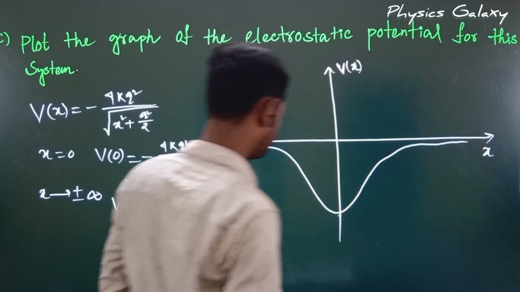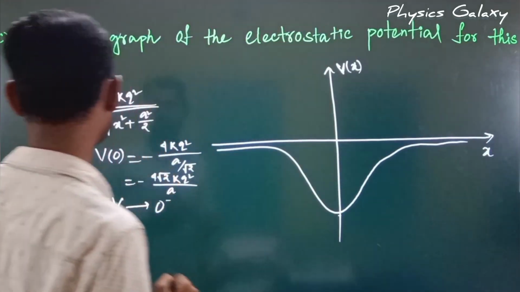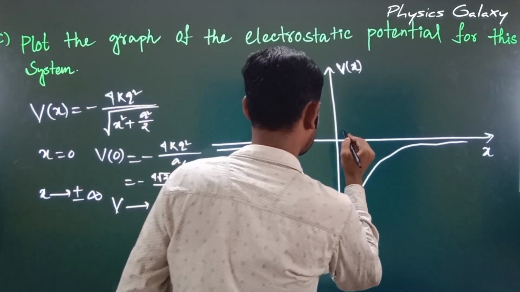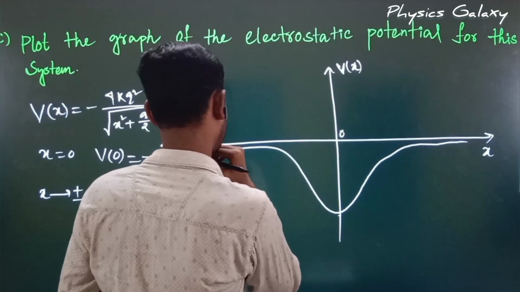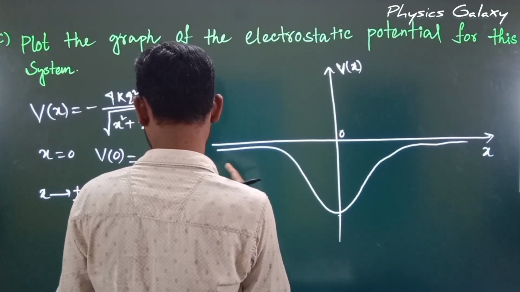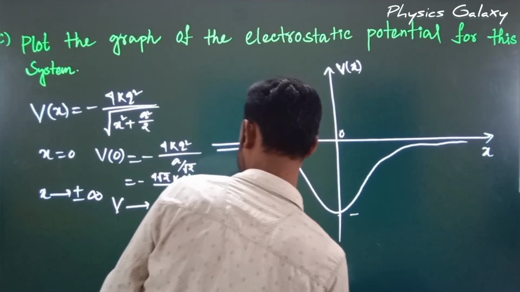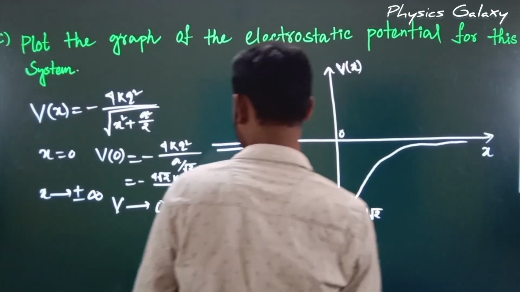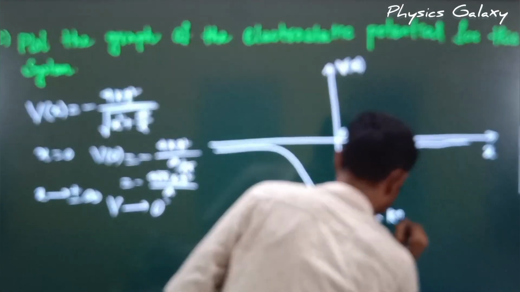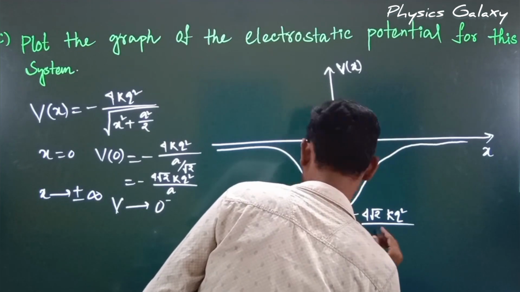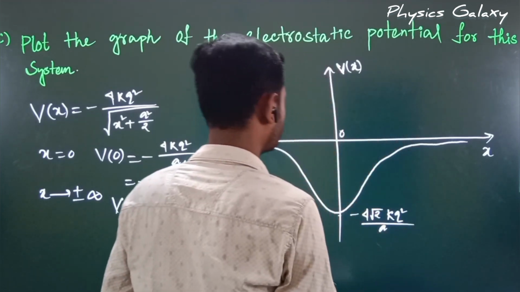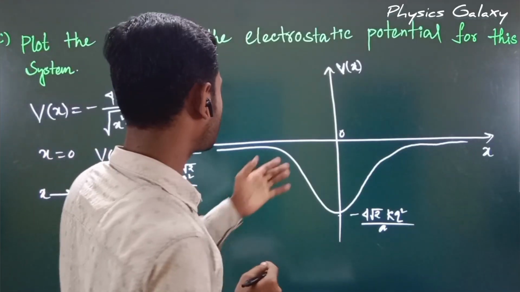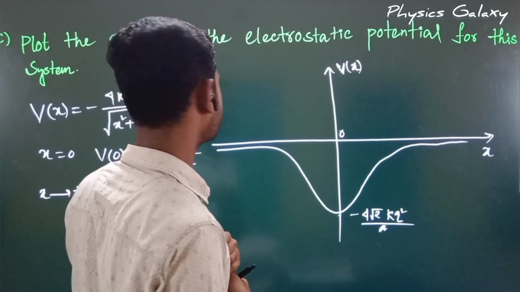This point is 0, and this potential is minus 4 root 2 kq square divided by a. Yes, this is the graph of this electrostatic potential.